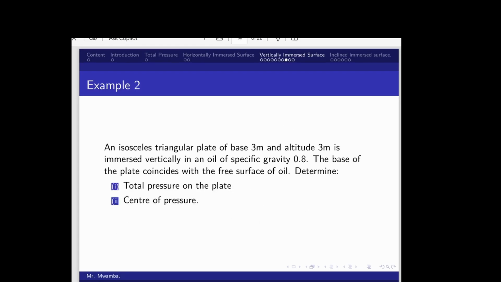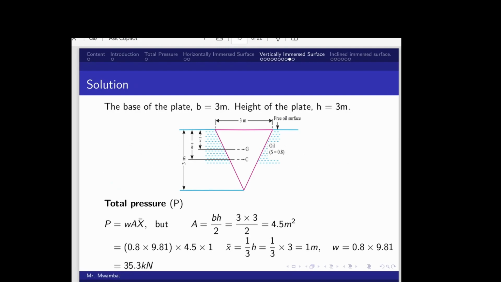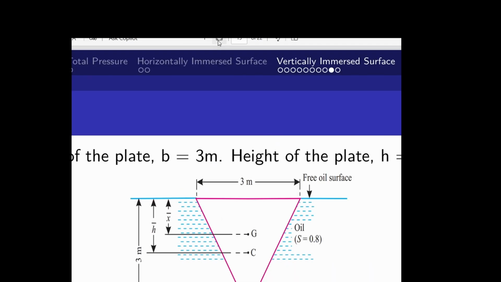Okay, in the next example now, we have an isosceles triangular plate of base 3 meters. Let me just go straight to the figure. I don't know if you are able to see this figure.